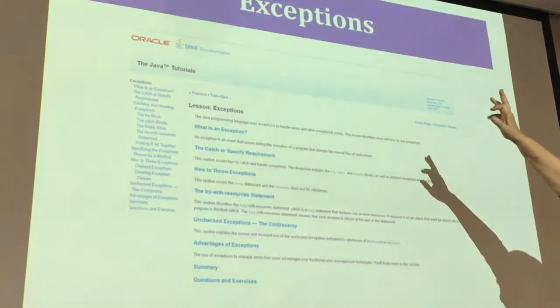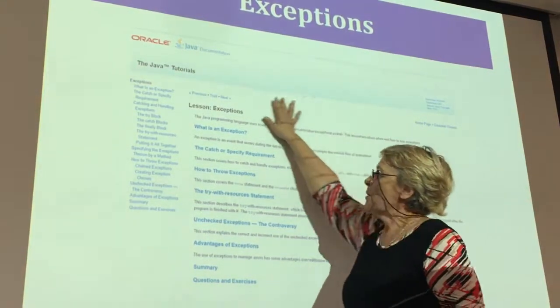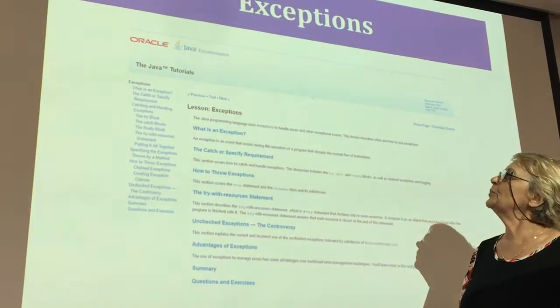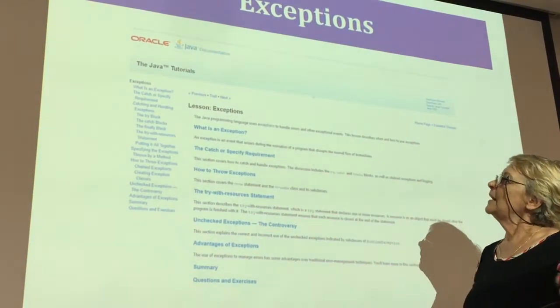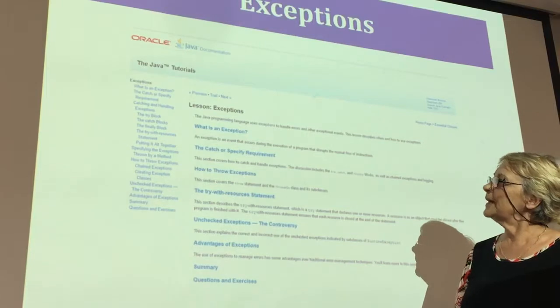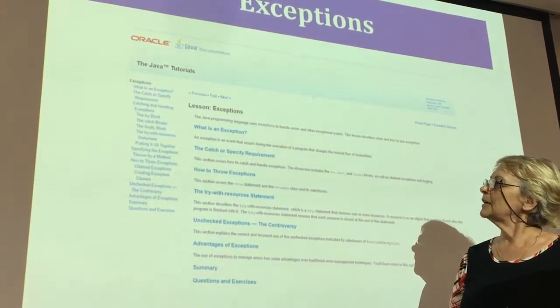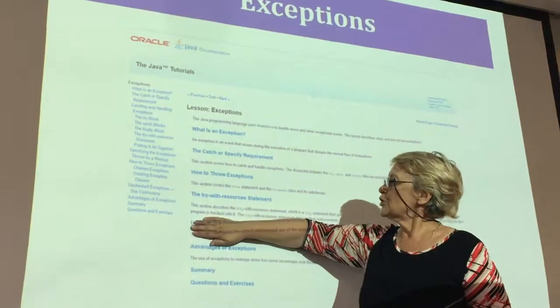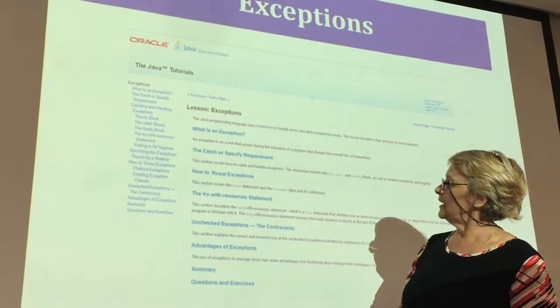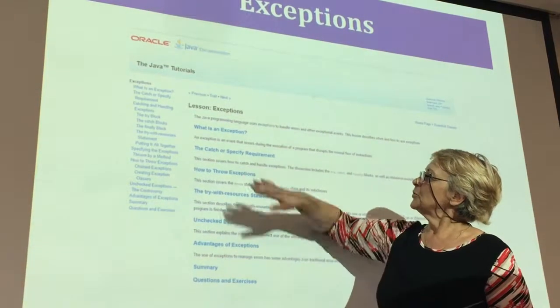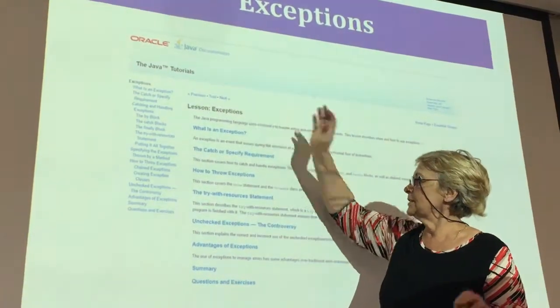The exceptions tutorial has a very good page where you can go and learn more. Very nice, organized. We didn't talk about unchecked exceptions, but we talked about catch and what an exception is.